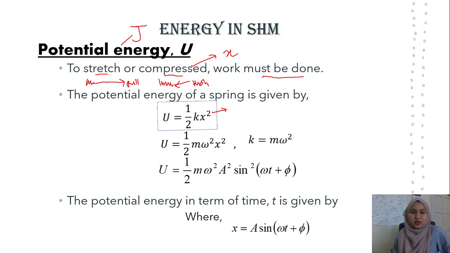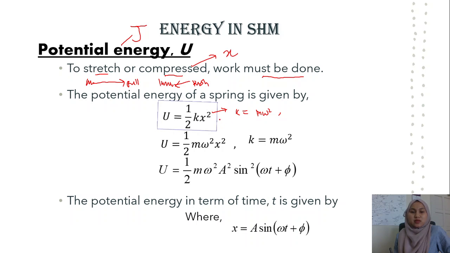If no k is given, we know from the previous video that k equals m omega squared. How to get this equation, I already showed you in the previous video.